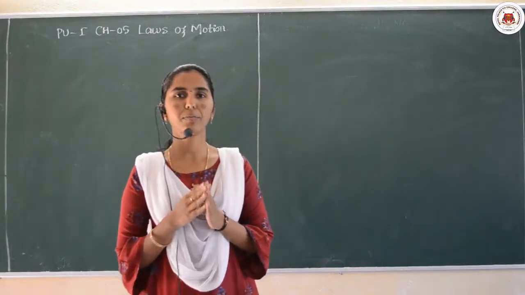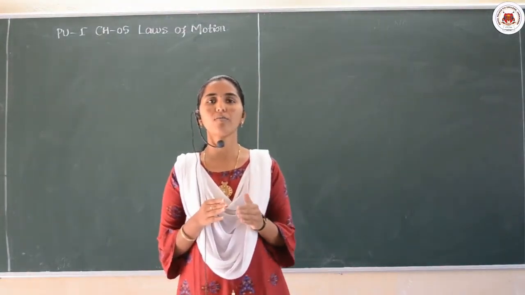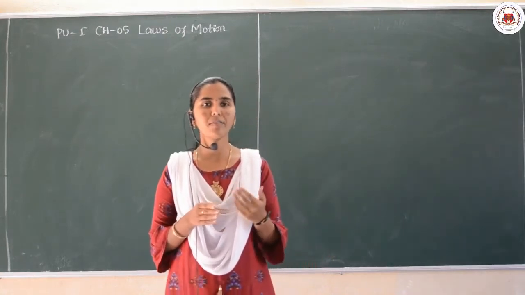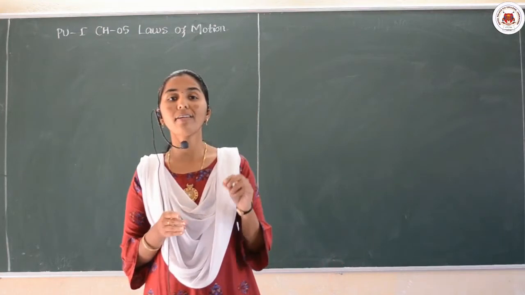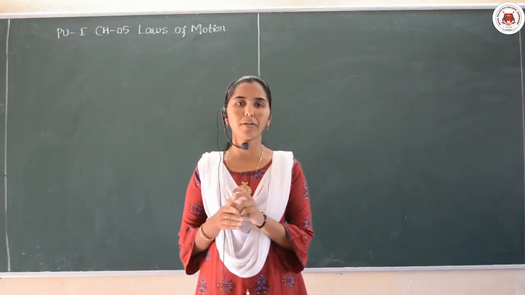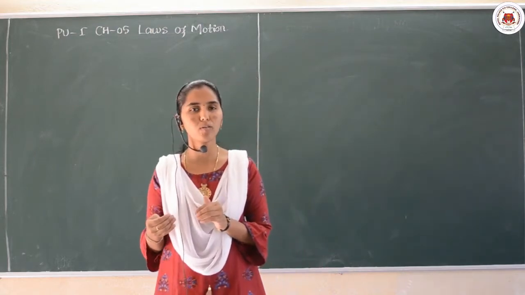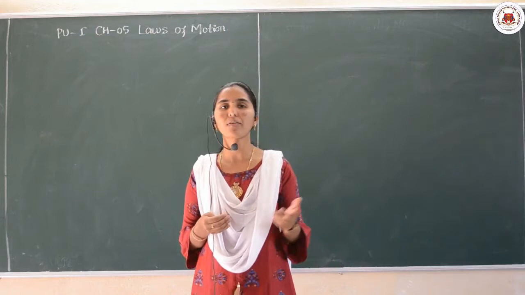In the previous video, we derived the expression for the conservation of linear momentum. We gave a statement for that, and finally we proved that the total linear momentum before the collision between two bodies is equal to the total linear momentum after the collision.